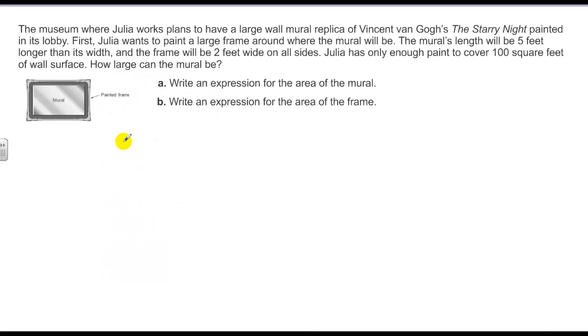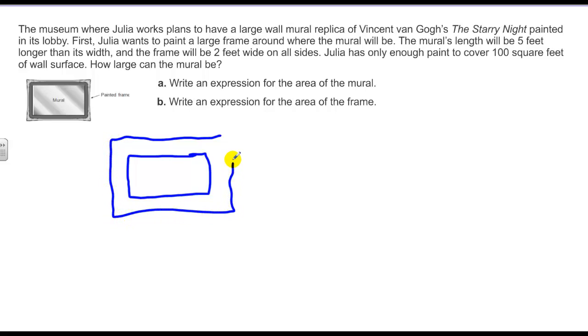So in this problem, what we're going to do is be writing expressions for areas in the figure. And what this person's doing is we're constructing a painting, and then around that painting we're going to make a frame, and that frame is going to be even around each side.